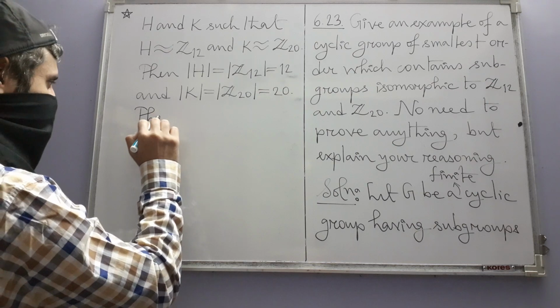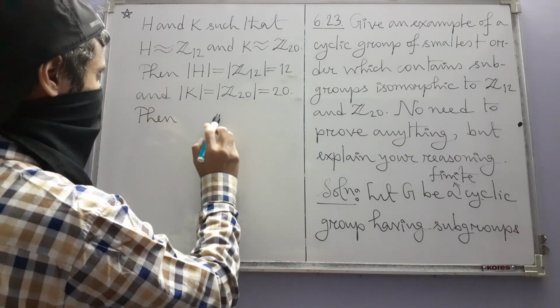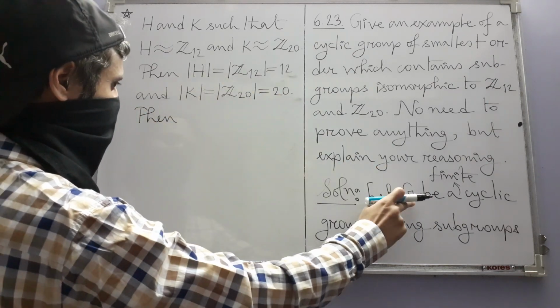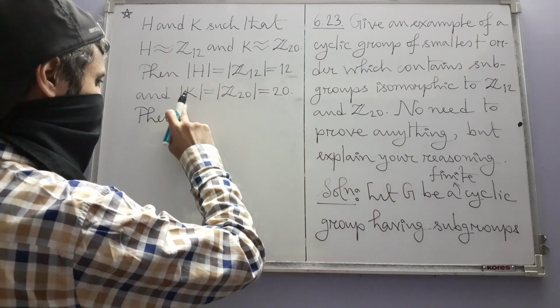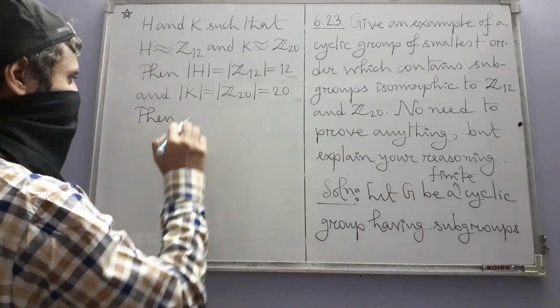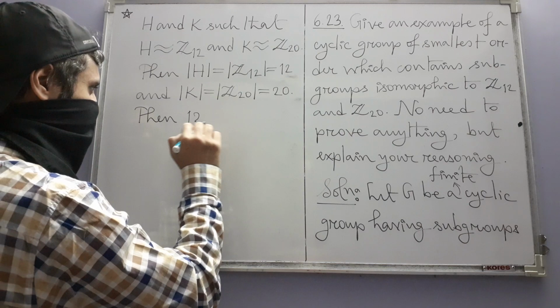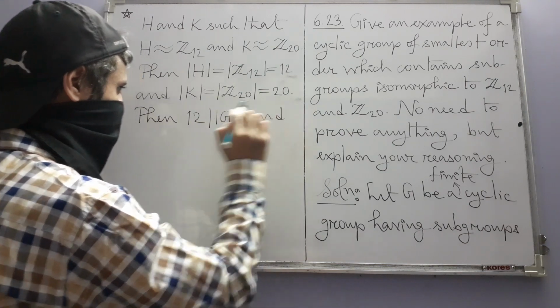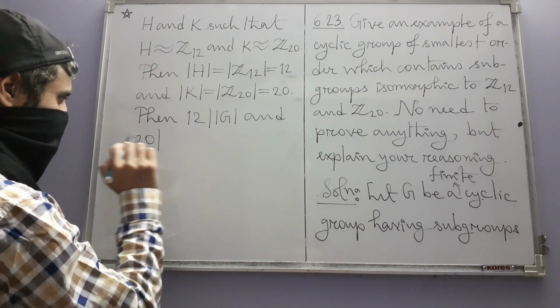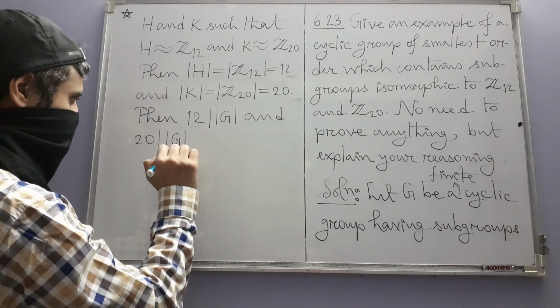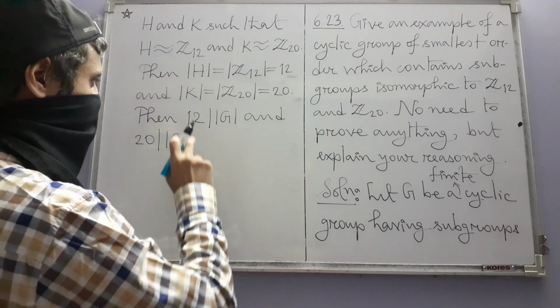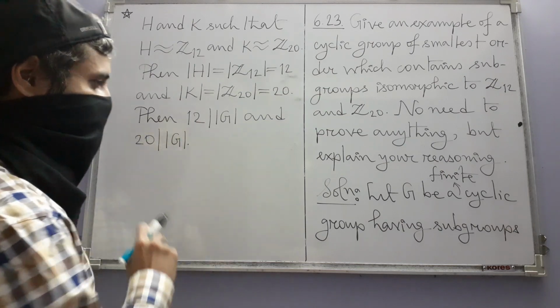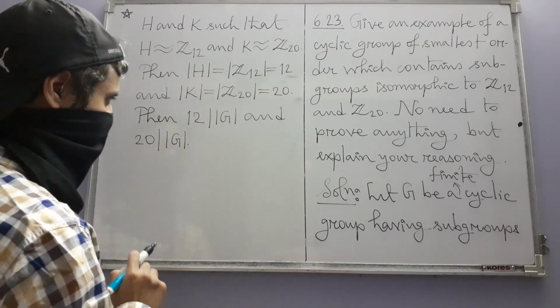Then by that fact, the order of H has to divide the order of G, and the order of K also has to divide the order of G. So 12 has to divide this, and 20 also has to divide this. But then the LCM of 12 and 20 also has to divide the order.